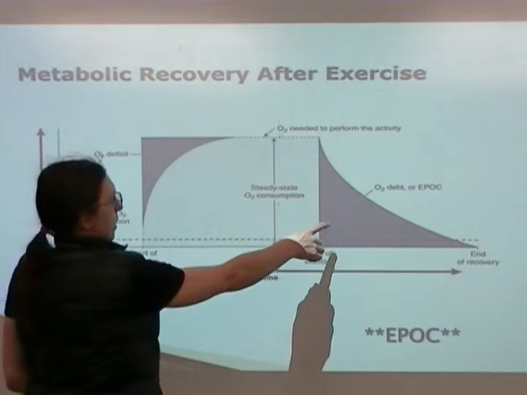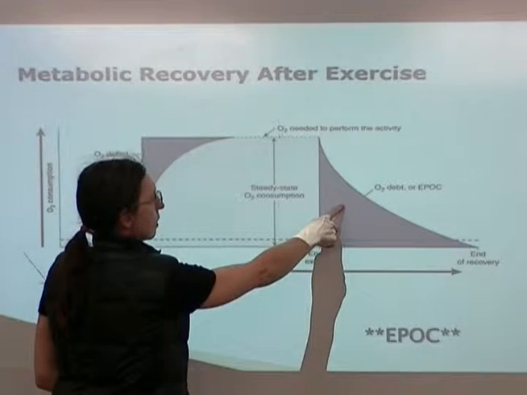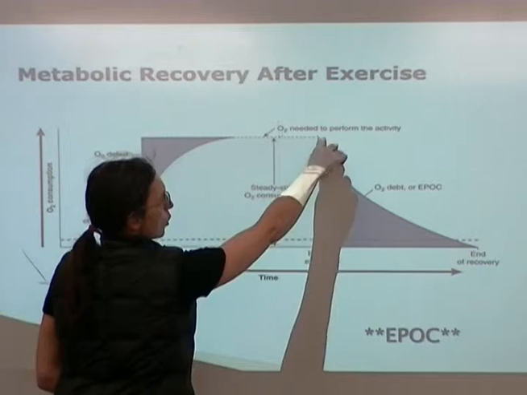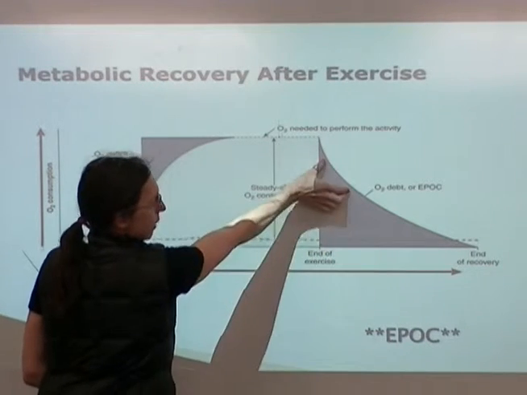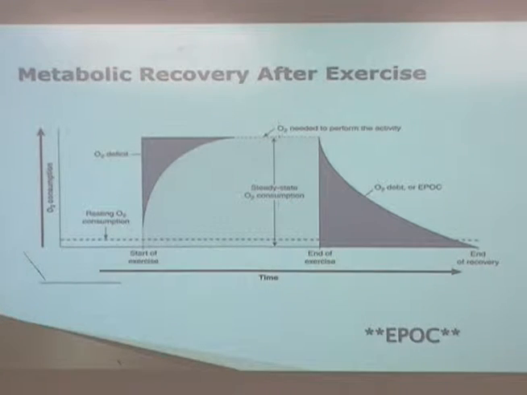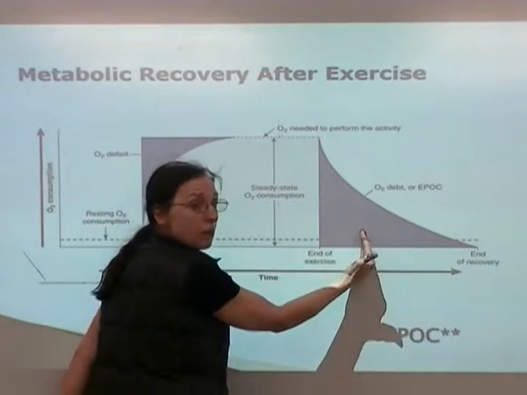What we think is that this fast portion here, where the curve is very steep, right, that's about 2 or 3 minutes, depending on how fit you are, because the fitter you are, the shorter this part of the curve is.